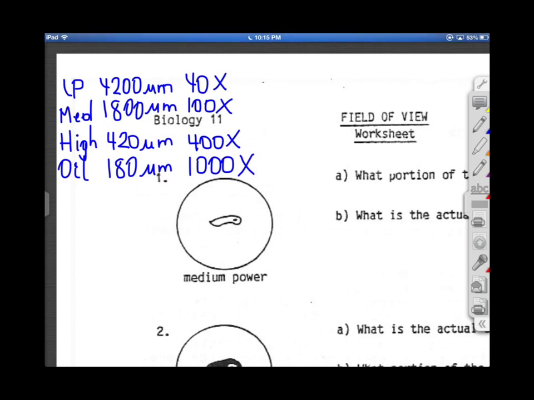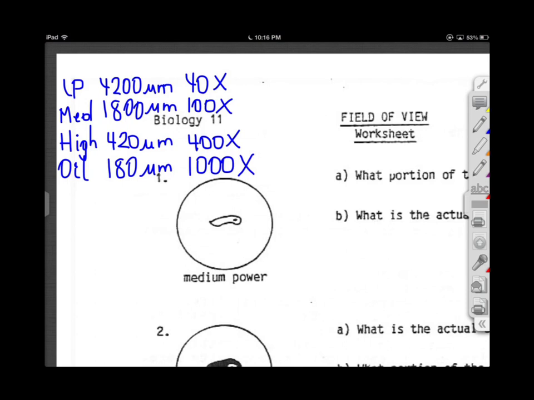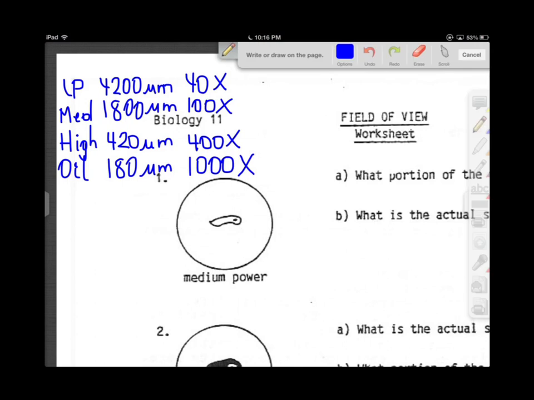The low power, and you guys are pretty well aware of this, I would think, takes the ocular and multiplies it by the objective lens. There you go. The ocular is always a 10 times zoom. So where these numbers came from, I'm going to write in now. Ocular times objective gives you the overall magnification.